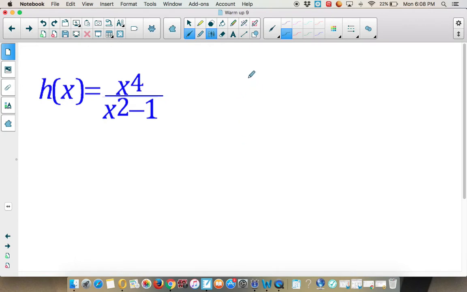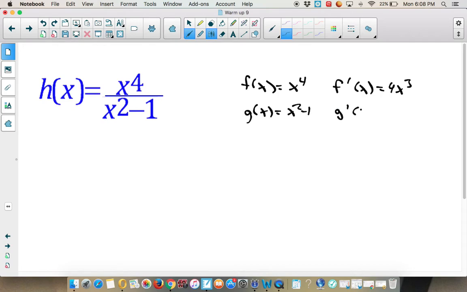Okay, so my top here is x to the fourth, so its derivative is 4x cubed. The bottom is x squared minus 1. Its derivative is 2x.